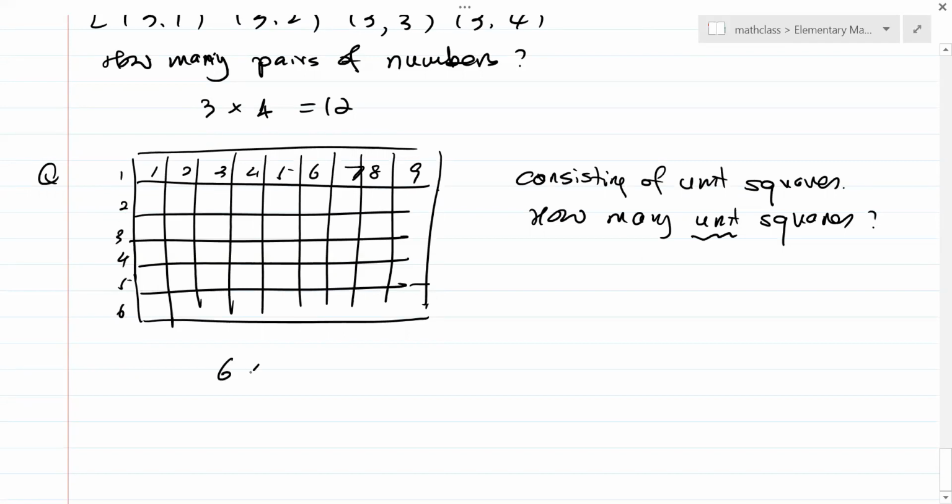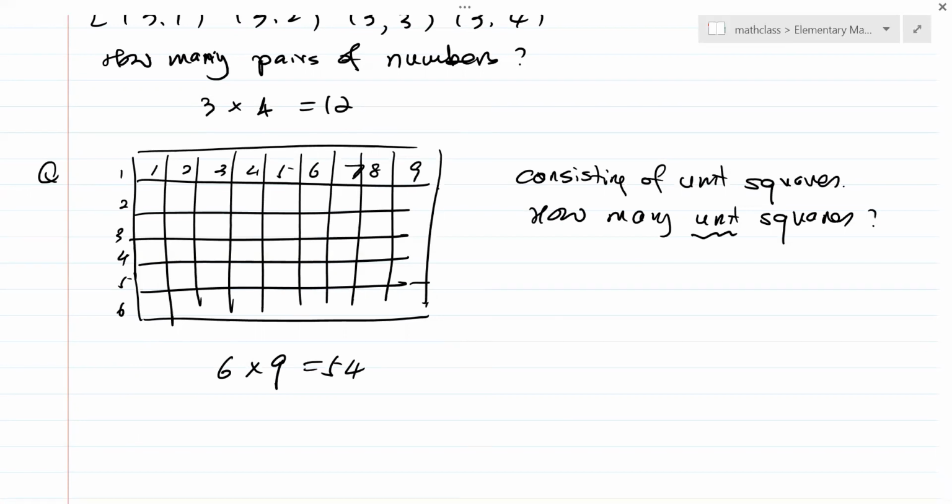So total will be 6 times 9, right? And then 54. Okay. So we do multiplication. You count the number of rows and number of columns, and you multiply them together. 54. All right. Now, here's a challenge problem.